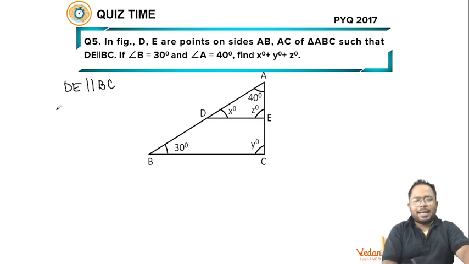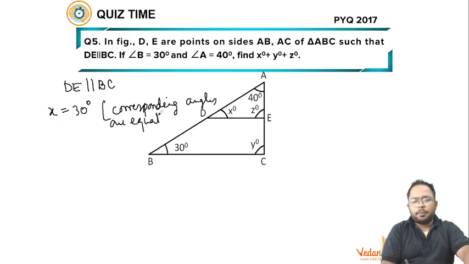So you know that X will be equal to the 30 degree, being corresponding angles. Corresponding angles are equal. So X value would be 30.